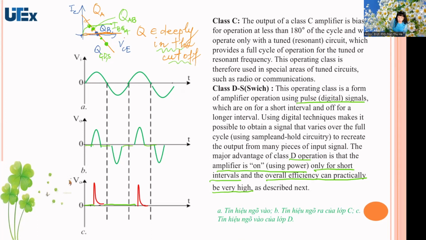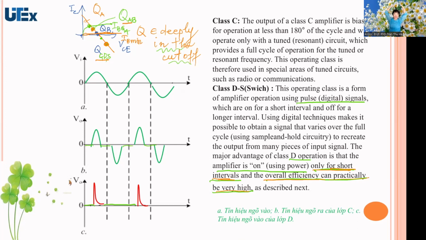And of course, the AB is in the middle, not lower, not higher, in the middle. In our case, deeply here. That's why we use only a short interval, and overall efficiency can practically be very high.